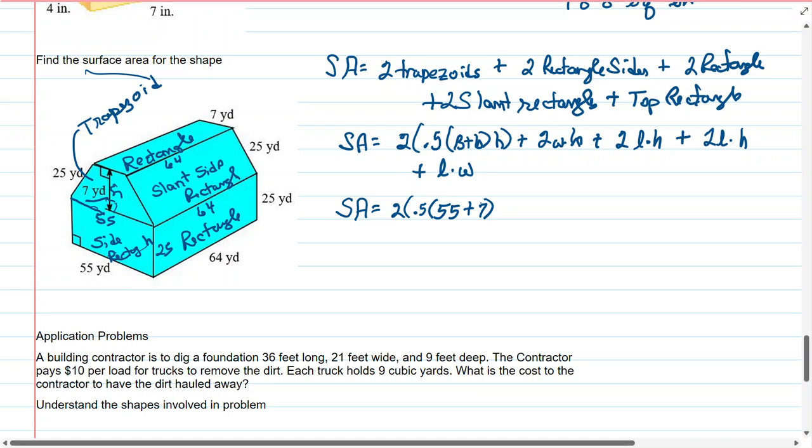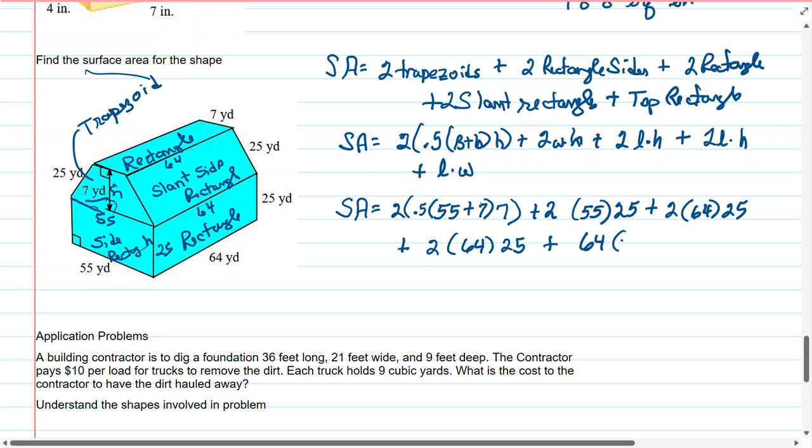I'm having no luck. All right, so I'm going to put 2, and I'm going to put parenthesis, decimal 5, parenthesis, 55 plus 7, close parenthesis, plus 7, times 7, and close parenthesis, plus 2 times the 55 times the 25, plus 2 times the 65 times 25, well, my calculator's acting kind of strange.